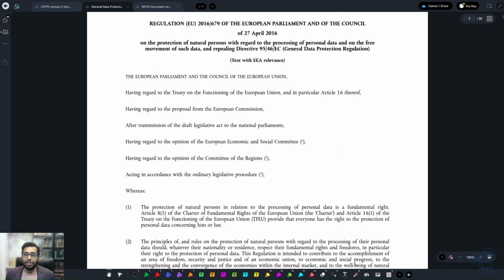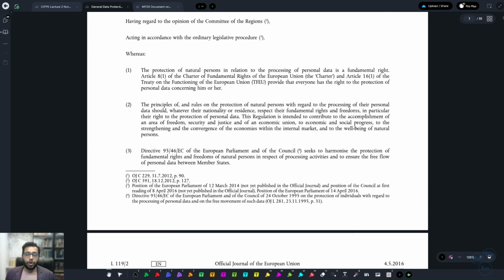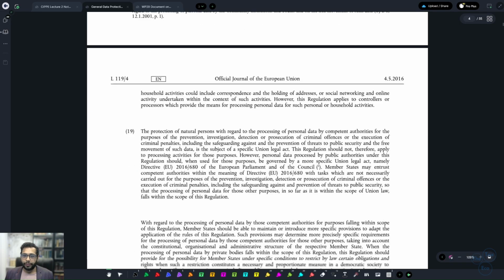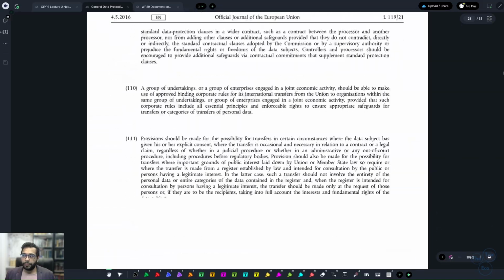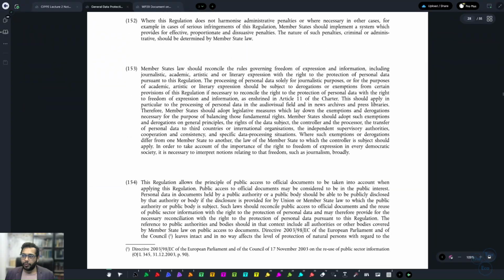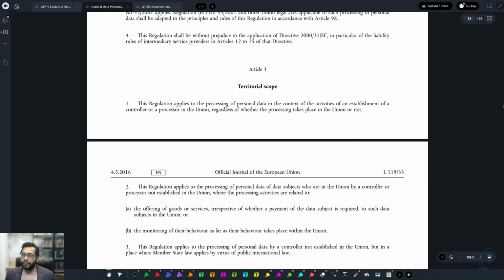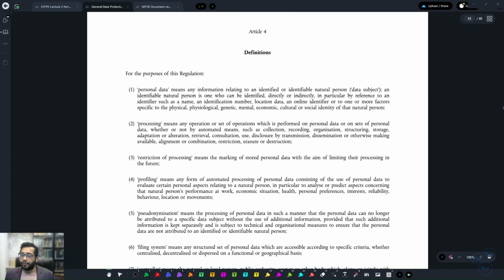Now, in the GDPR text, the definition of personal data that I was talking about is given in Article 4.1. Article 4 talks about definitions, and 4.1 is personal data.